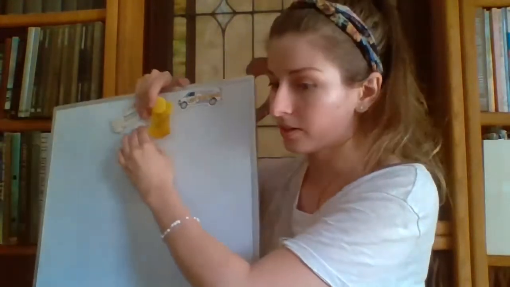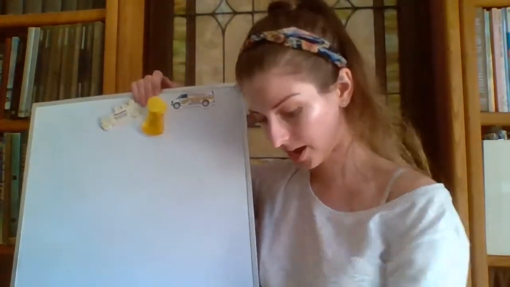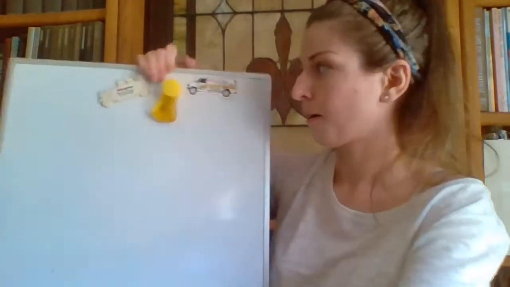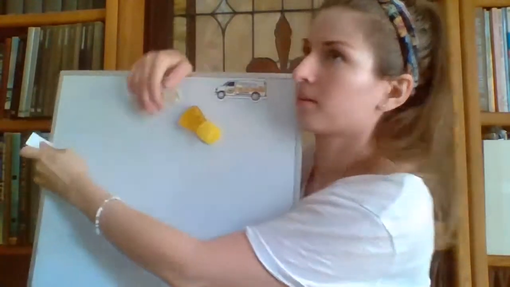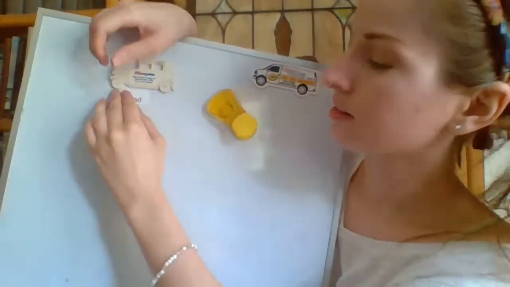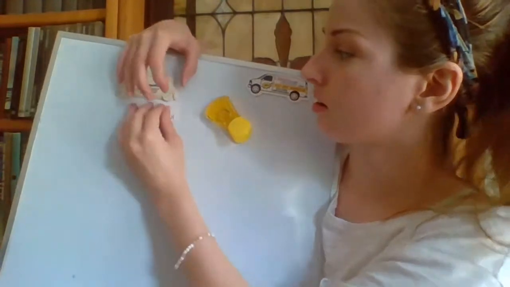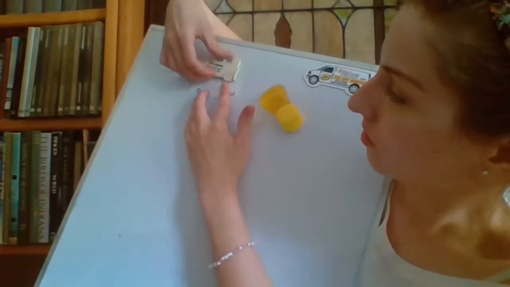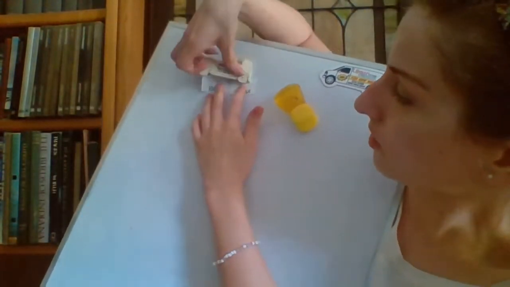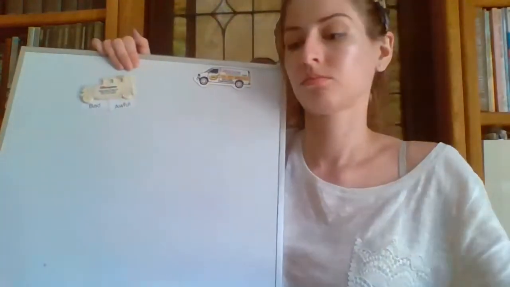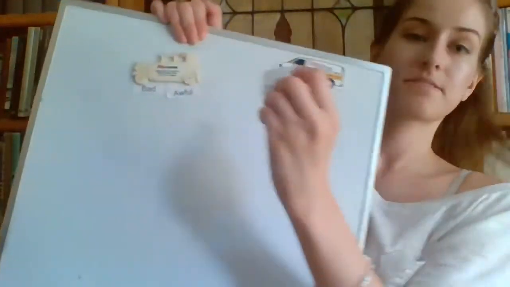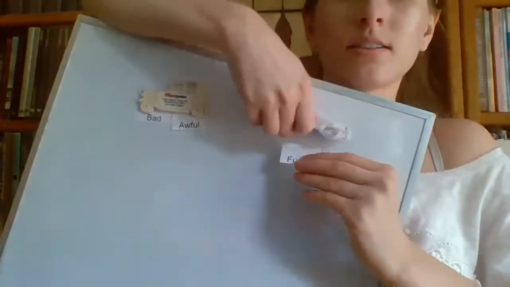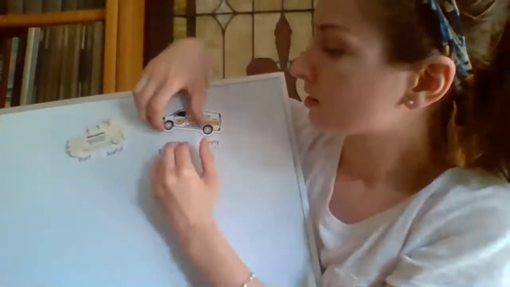All right, let's do our next set of words. We have bad, awful, bad and awful. And then we have funny and terrible.